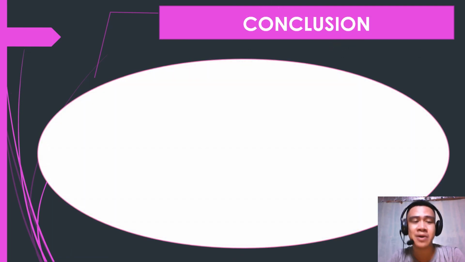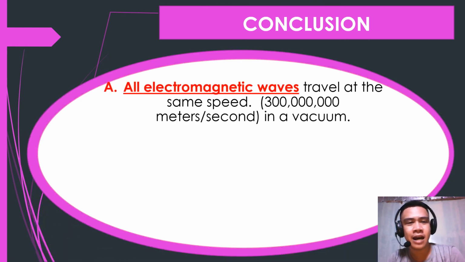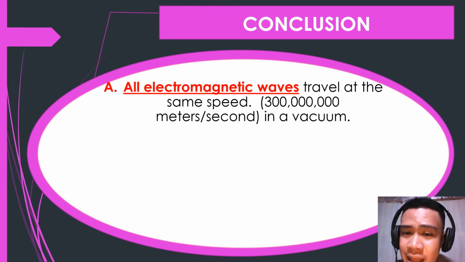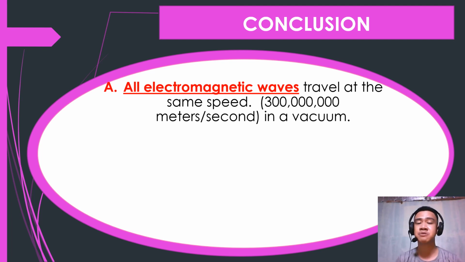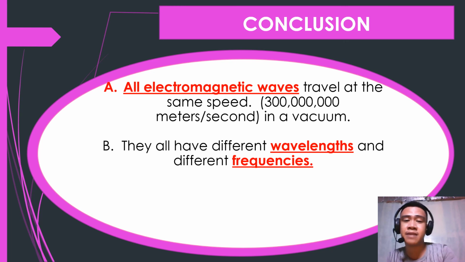And to summarize our topic, all electromagnetic waves travel at the same speed, that is 300 million meters per second in a vacuum, or 3.0 times 10 raised to the power of 8 meters per second. All electromagnetic waves have different wavelengths and different frequencies.